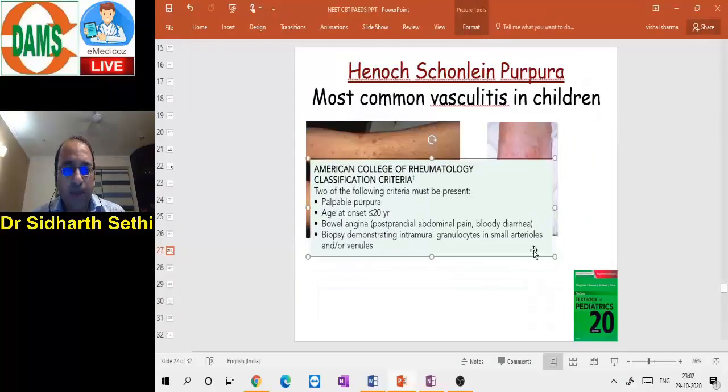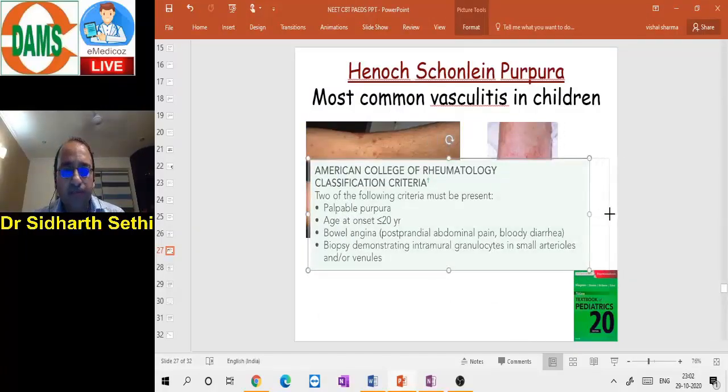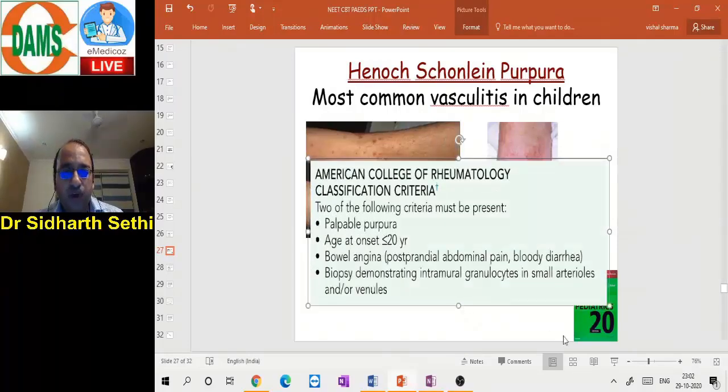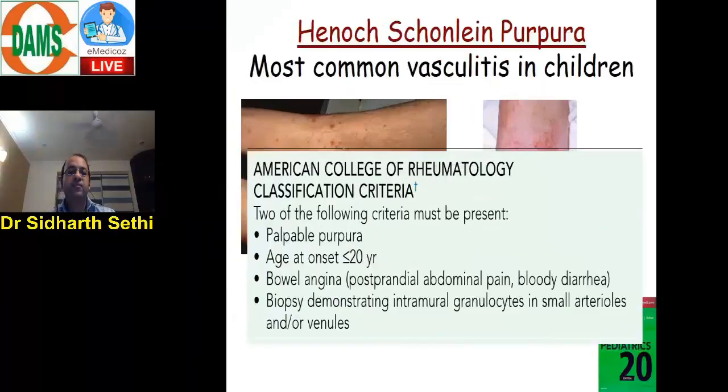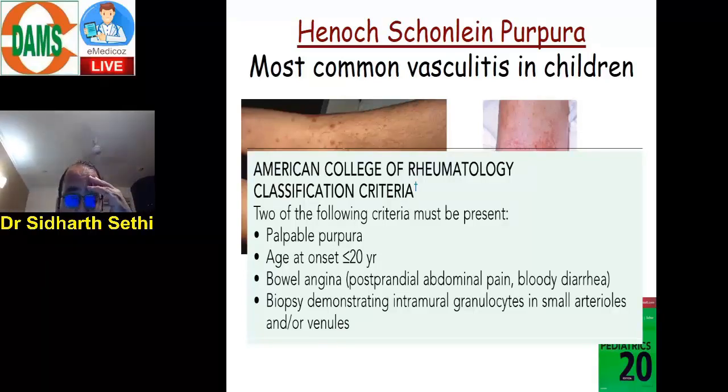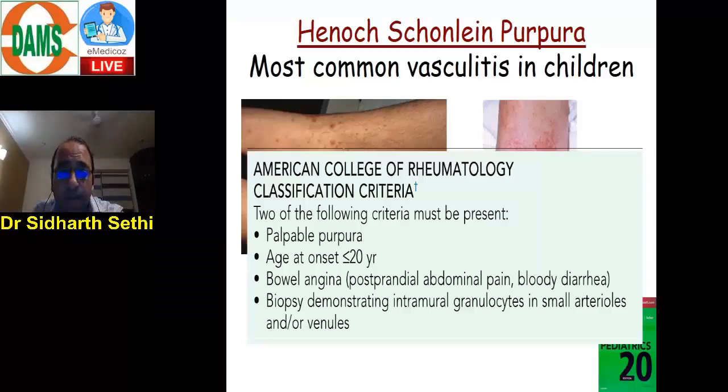You need to have two of the following criteria: palpable purpura, onset less than 20 years, bowel angina. So remember that they can have pain abdomen, bloody diarrhea.